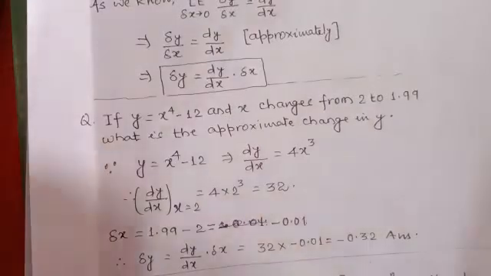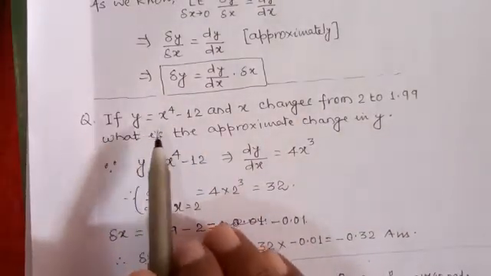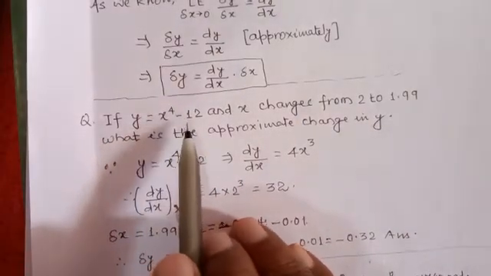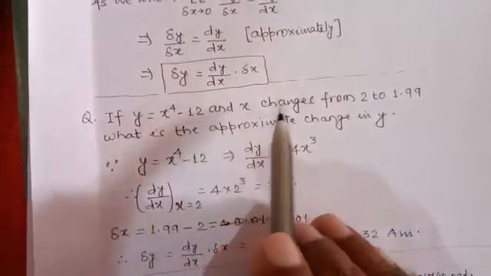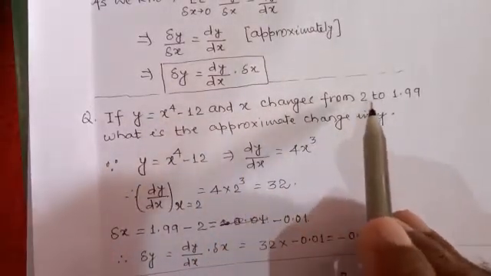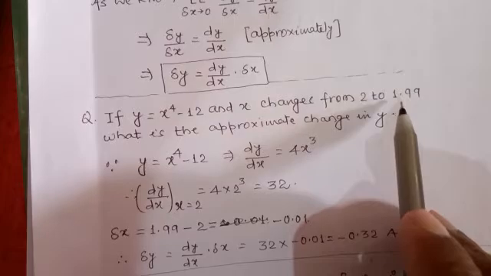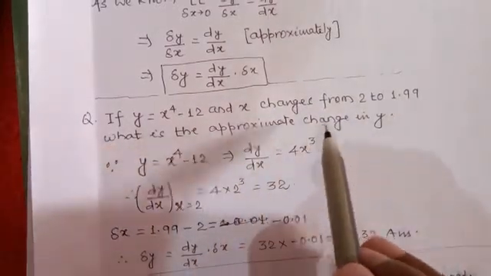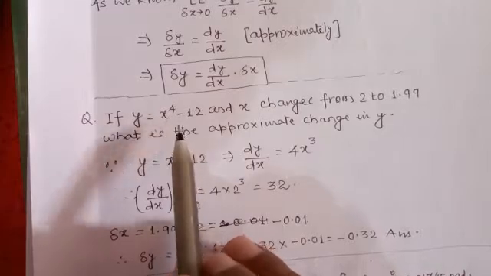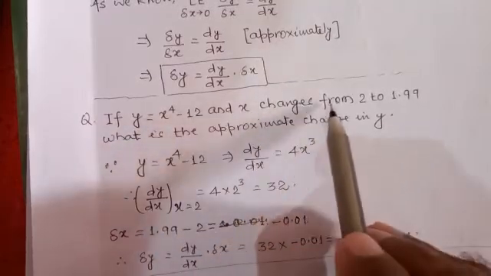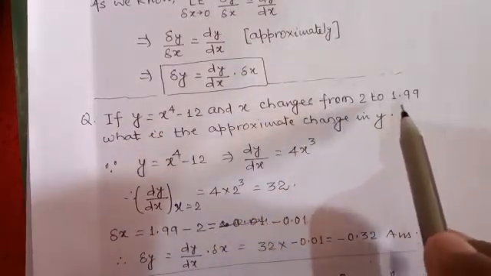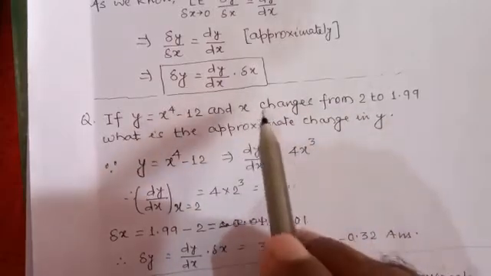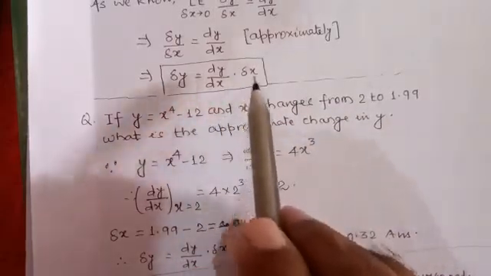See the question. If y is equal to x to the power 4 minus 12 and x changes from 2 to 1.99, then what is the approximate change in y? See children, x changes from 2 to 1.99. It means the value of delta x is given.